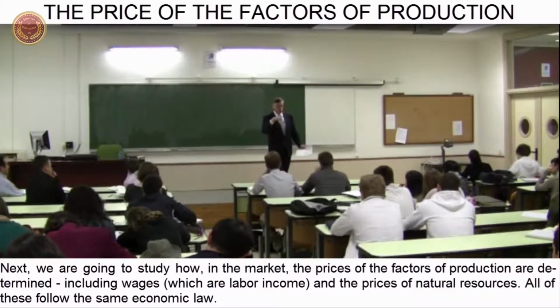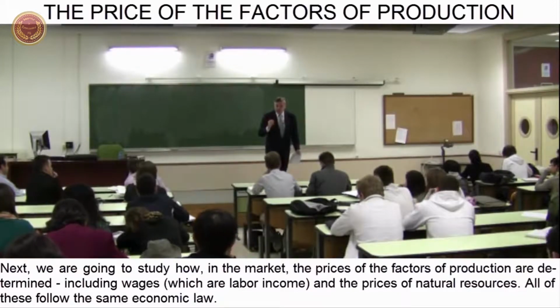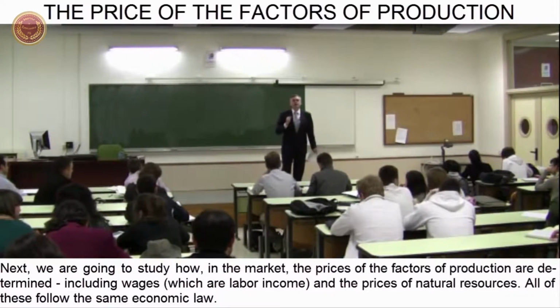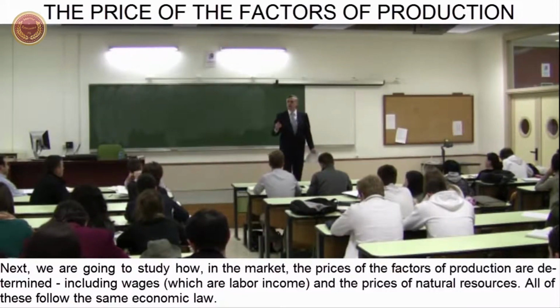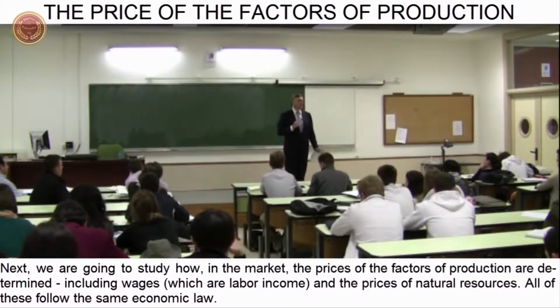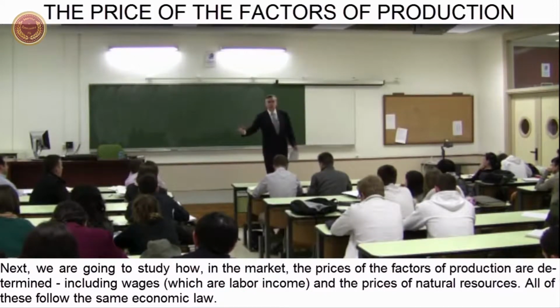Therefore, today, when we consider how the price of productive factors in general is determined, we will consider how wages in particular are determined, because, as workers, we are a factor of production. Furthermore, the very laws we are going to examine today also explain how the prices of other factors of production are determined.